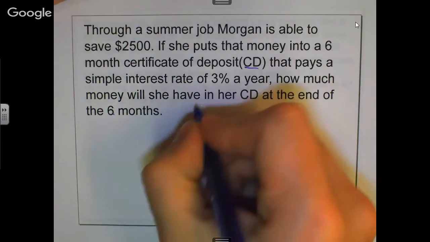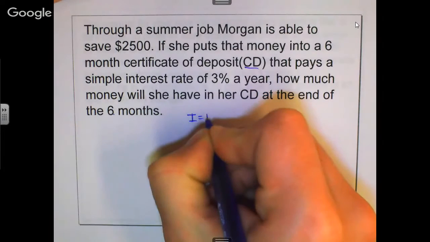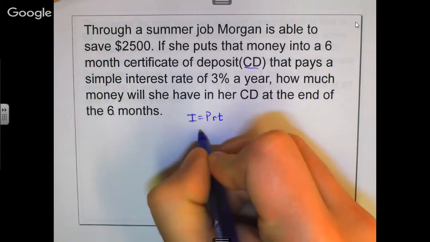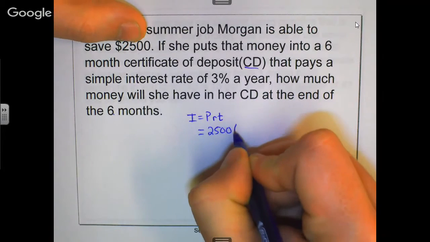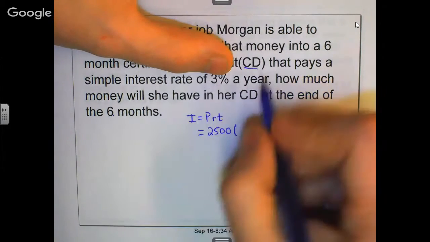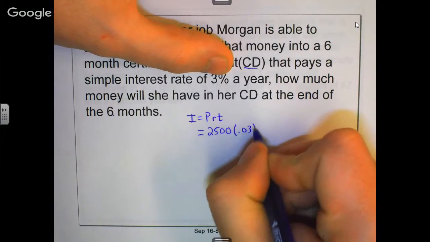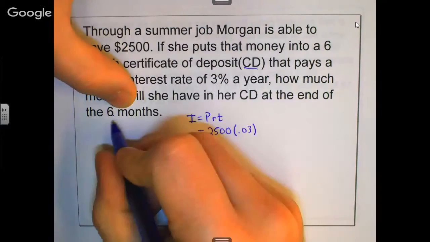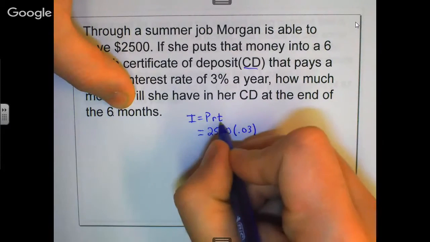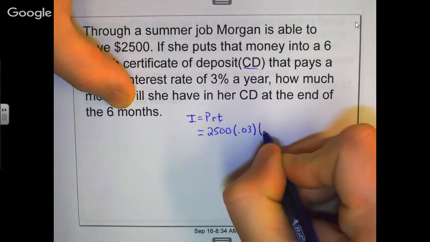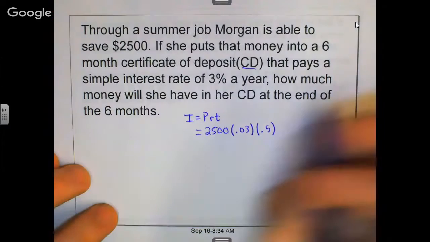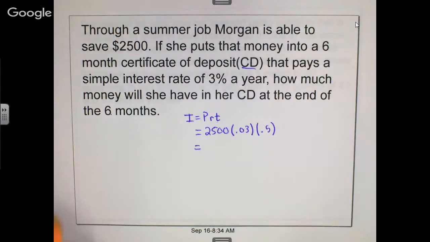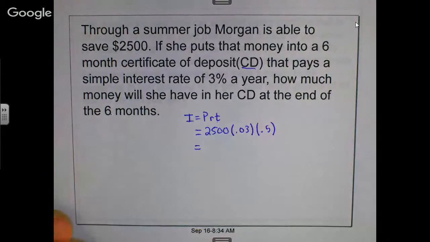Okay, so we're going to look, the interest is PRT. So my principal is the $2,500. My rate is 3%, so that's 0.03. And I'm doing it for 6 months. Now remember, T is in years. So this is 0.5 years. 6 months is half a year. Then I'll just put that into the calculator.